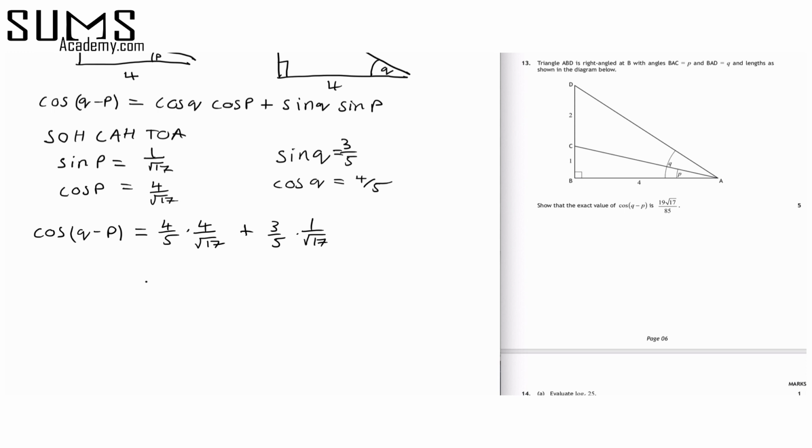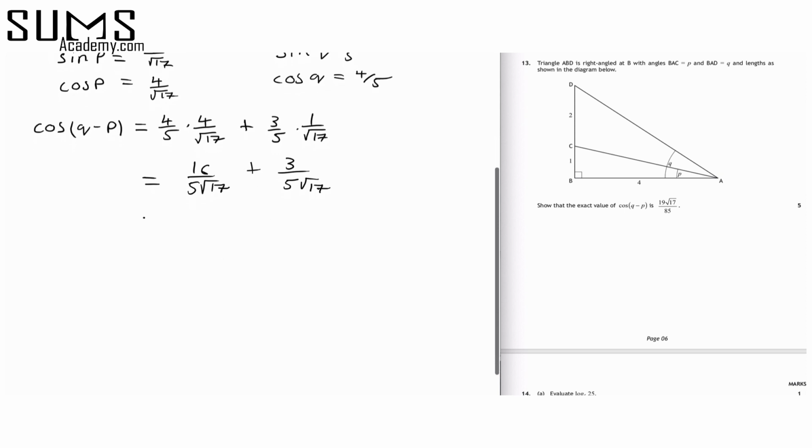Okay, so let's multiply these out. So you get 16 over 5 root 17 plus 3 times 1, which is 3 over 5 root 17. Well, that's easy enough because those have the same denominator, so they'll add together. So you get 19 all over 5 root 17.